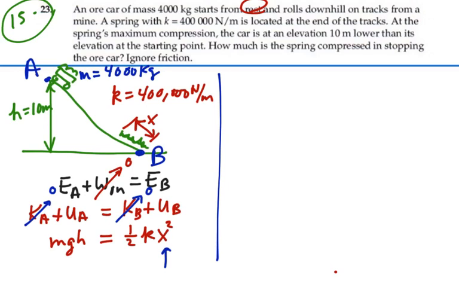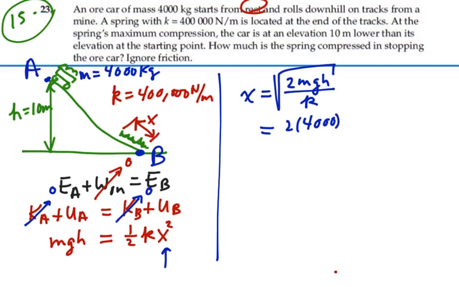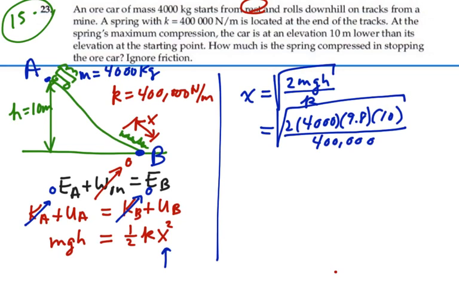So, solving for x, we have that x is equal to the square root of 2mgh divided by k. We have 2 times the mass, 4,000, times g, 9.8, times h, 10, over the spring constant, 400,000, equal square root is our answer.